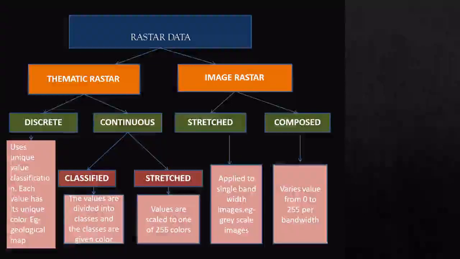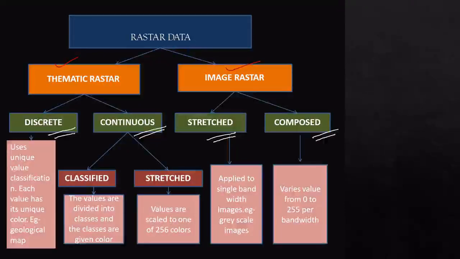Now see, what are the different types of raster data? The raster data can be thematic raster or image raster. And thematic raster means it is classified into discrete data and continuous data. So you know discrete means discontinuous. Okay. Now image raster, it can be stretched data or composed data.